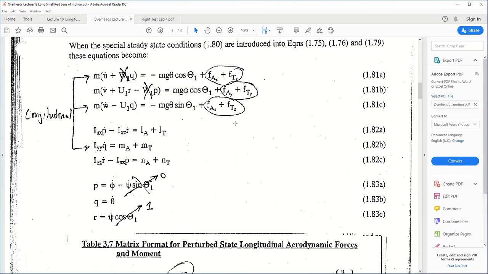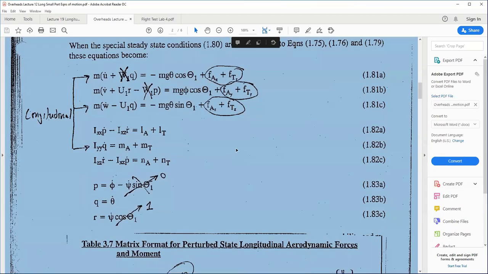All right, so these are ordinary differential equations. We have U dot, V dot, W dot, P dot, R dot, and Q dot. And turns out theta dot is the same thing as Q, so we'll use that. And we just spent several weeks developing the small perturbation forces and moments that go in for these terms here.